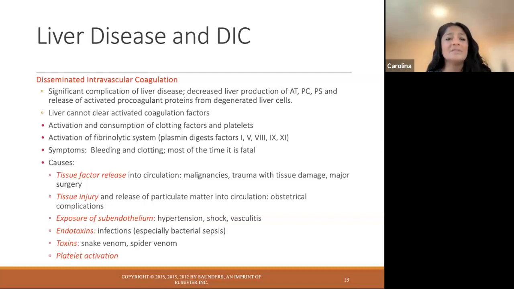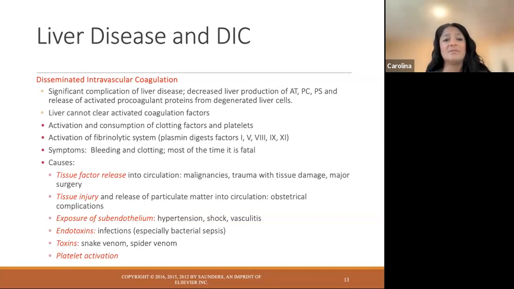So all of this can trigger DIC in a person who has severe liver disease. And because the liver is non-functional, it's unable to clear these activated coagulation factors.